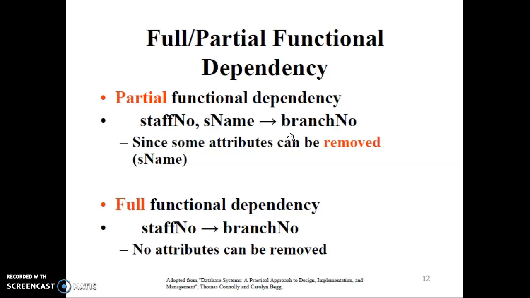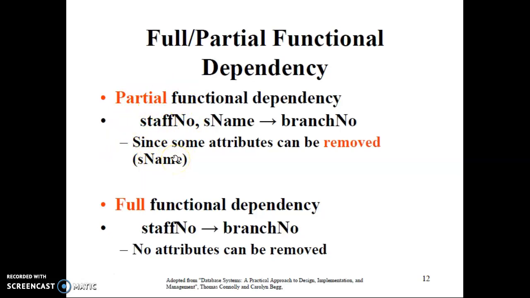However, it is not a full functional dependency because branch number is also functionally dependent on a subset of these two attributes, namely staff number. In other words, this functional dependency is an example of a partial functional dependency.